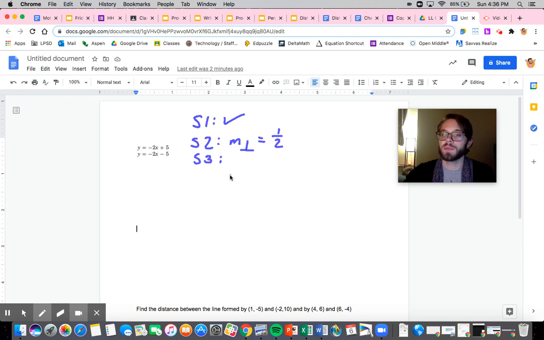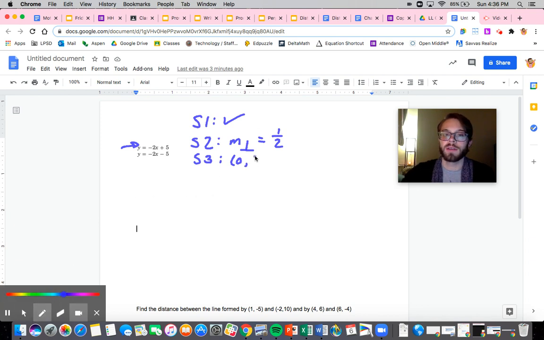We need to find a point on one of these two lines. Doesn't matter which point, I just need a point on one of them. So let's just take this line for instance. I'm going to pick a really easy point. The easiest point that I automatically know is already on our line is 0, 5. Sorry, that had a lag there.